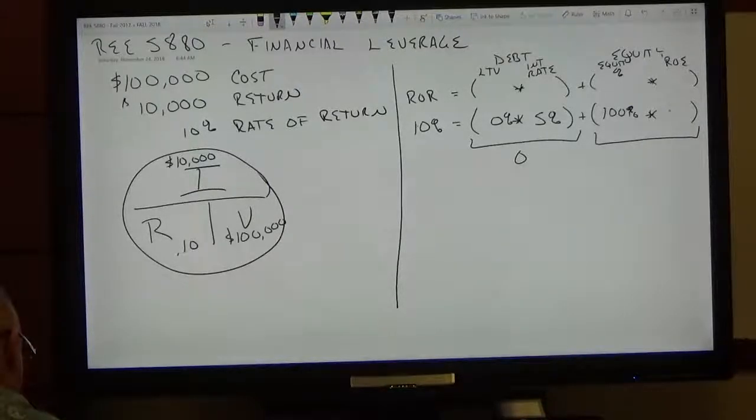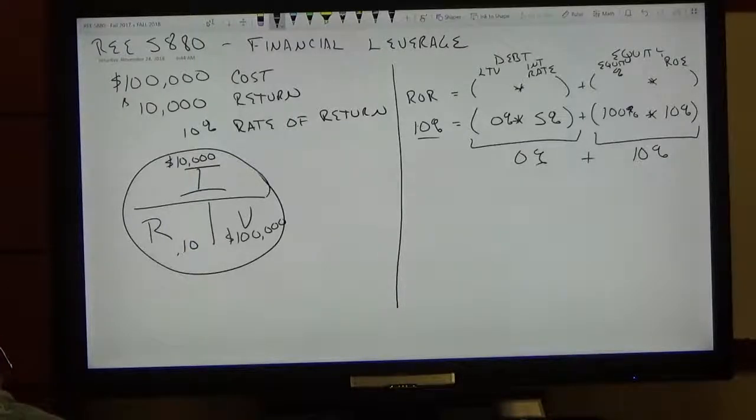The answer is going to be a return on equity of 10%, because 100% times 10% is 10%, and then 0% plus 10% gives us 10%. There's a reason I'm doing this, because this is demonstrating there is no financial leverage. It is purely a simple rate of return based on an all-cash deal.